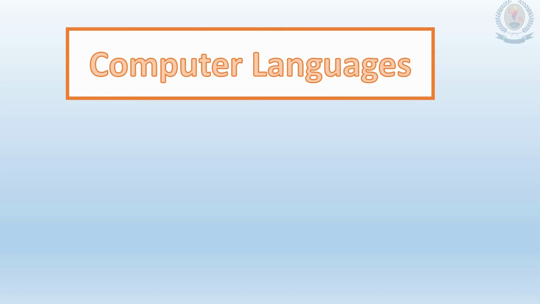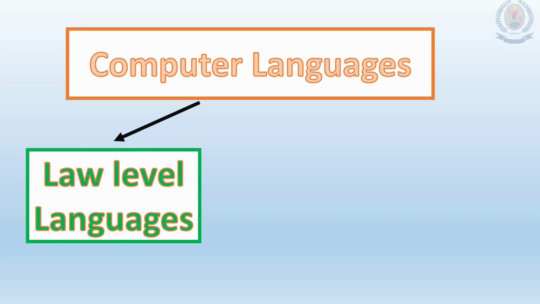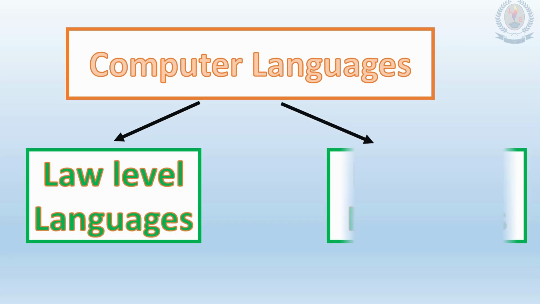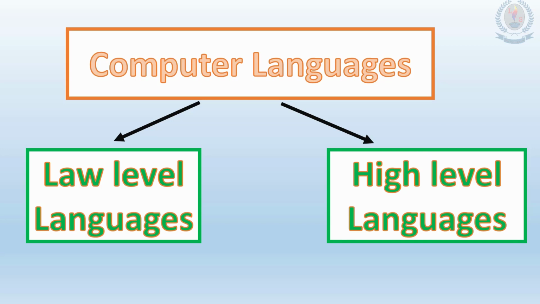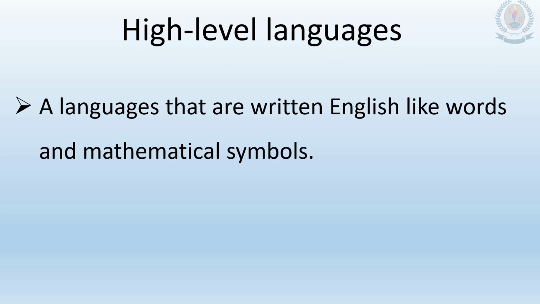If we take computer languages, we knew that there were two parts. One is low level, which we have completed, and the second one is high level languages. Now let's see what a high level language is. These are written using simple English, that means English-like words and special kinds of symbols.